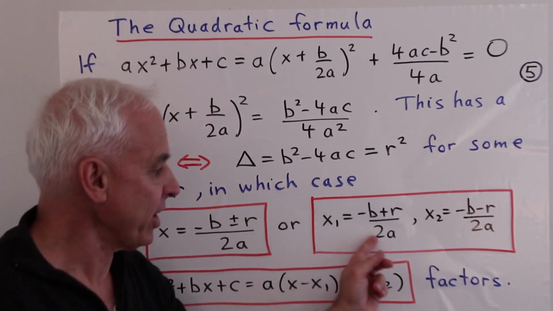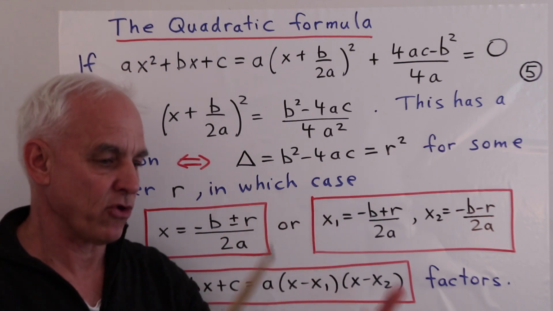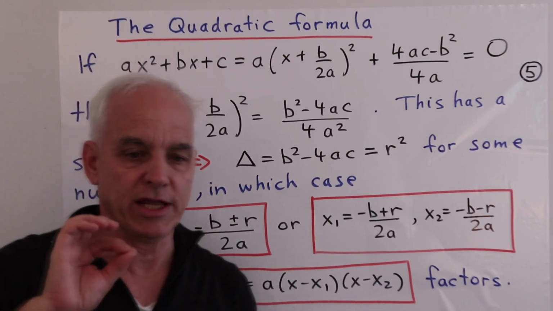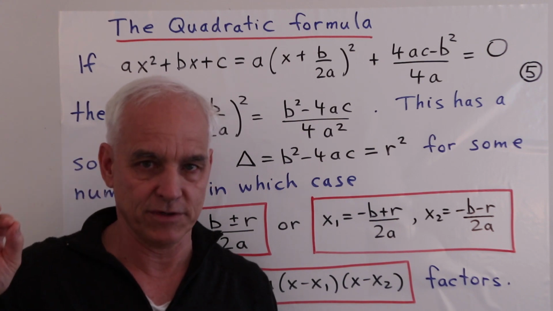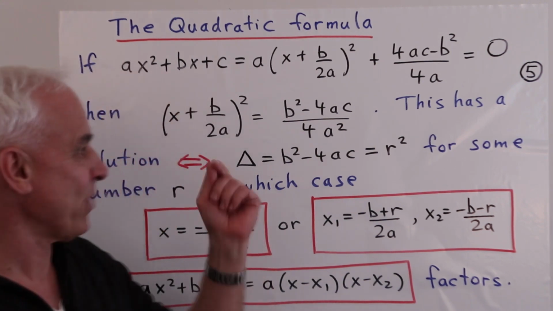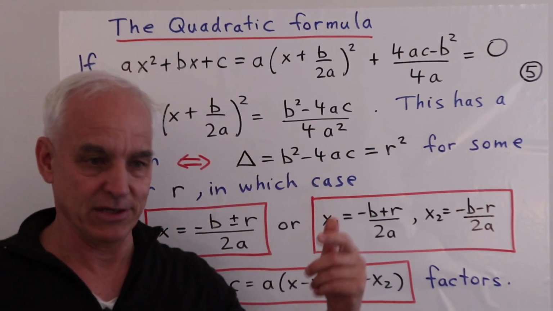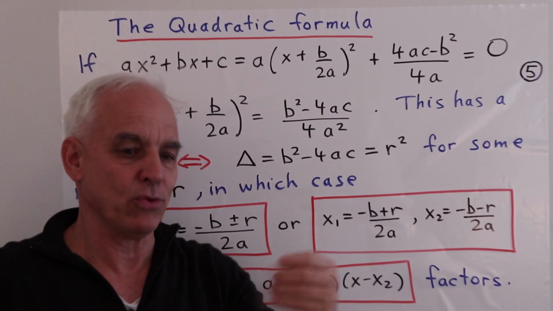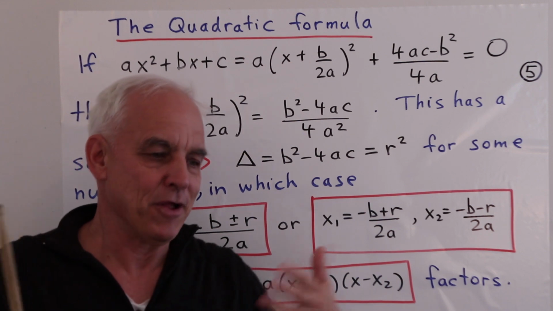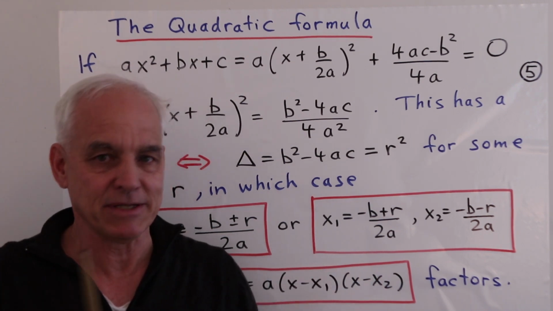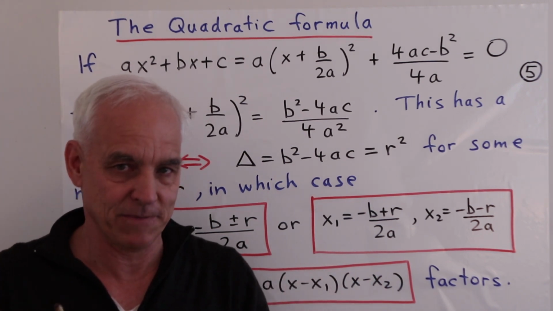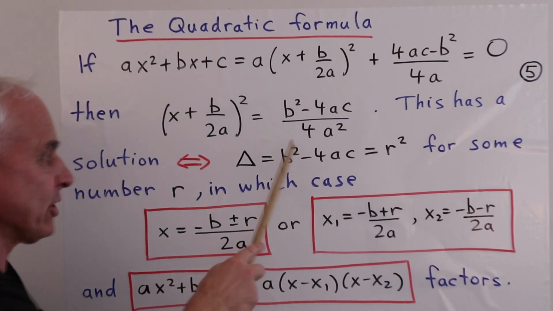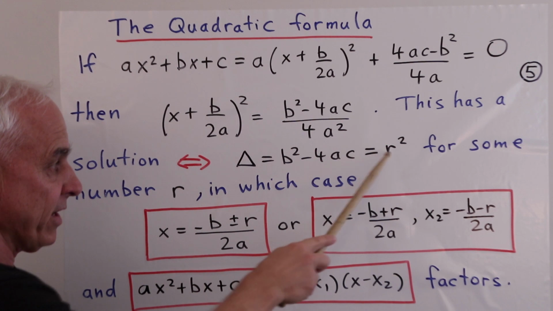So the solution here, this form of the quadratic formula, does not crucially have a square root involved. We're not going to say the square root of b squared minus 4ac, or we'd rather avoid saying that because the square root is so laden with these complications and different interpretations. So we'd rather say it more precisely. We'd rather say that this thing has a solution precisely when this quantity is a square.